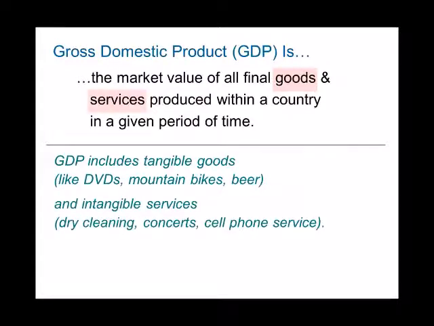It also includes a lot of the services that we use every day, but they're not tangible, such as dry cleaning, internet service, cell phone service. All those things are intangible, but they have a price and we pay for them, so they're included in GDP.